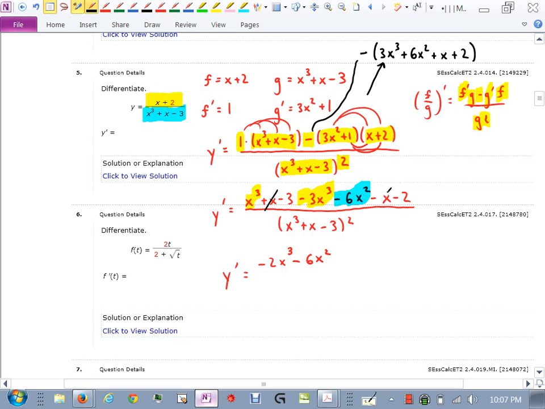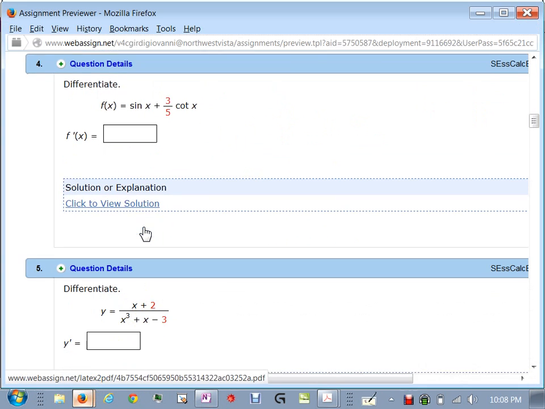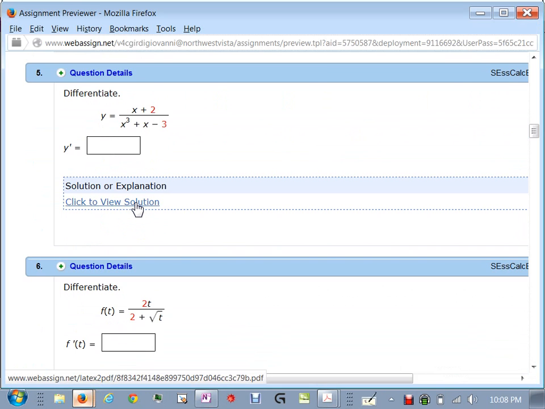This x cancels with this x, so I don't have any x's. Then I have negative 3 and minus 2. It gives me negative 5. Then all over the bottom, the g squared. At this point, there's really not a whole lot more I can do, so I'm just going to leave it. Let's take a look and see in the book if this came up with the same thing.